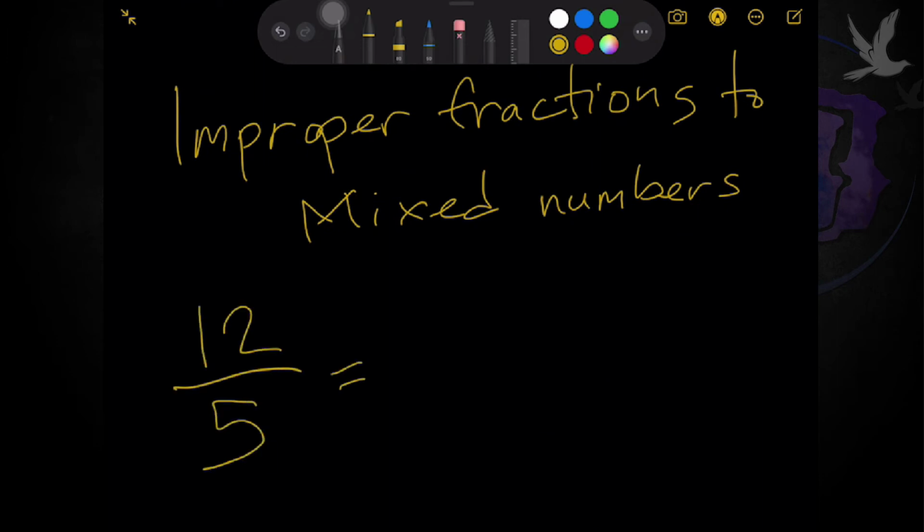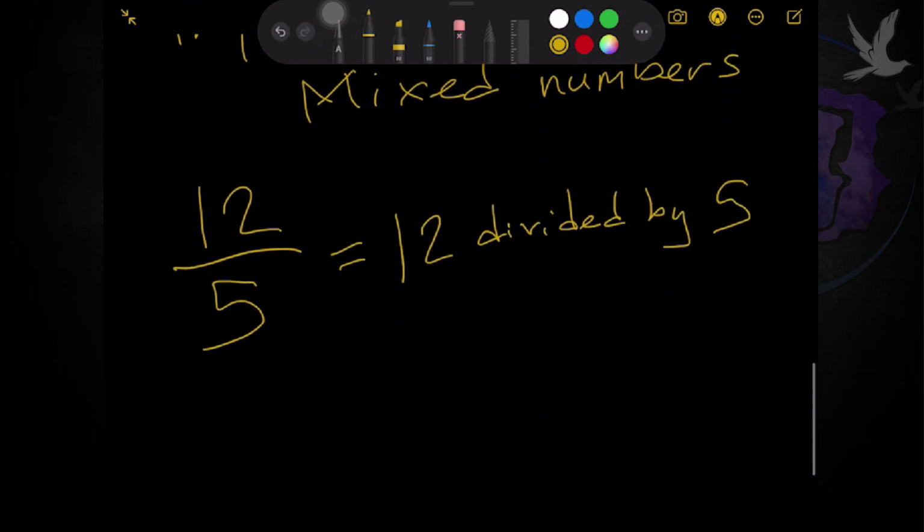Okay, first things first. A fraction is basically a division sentence. It can be expressed as a division sentence, which means 12 over 5 is actually 12 divided by 5, which means it can be written as 12 divided by 5.